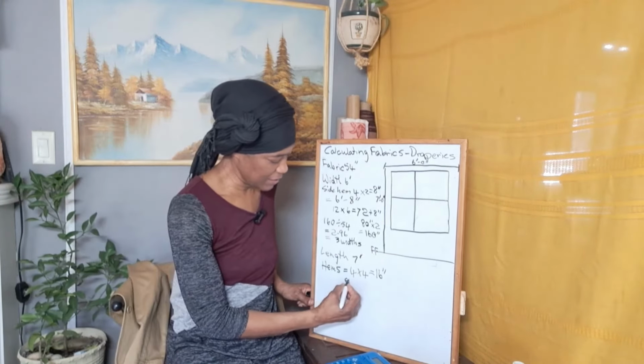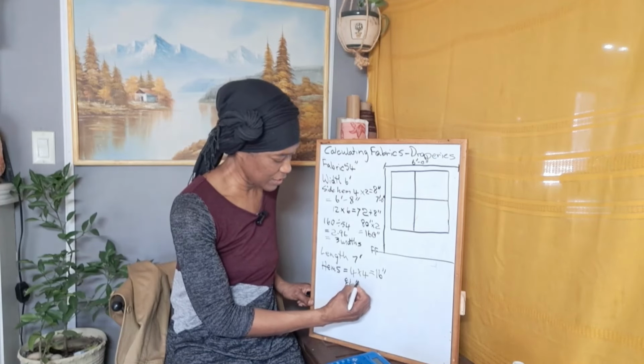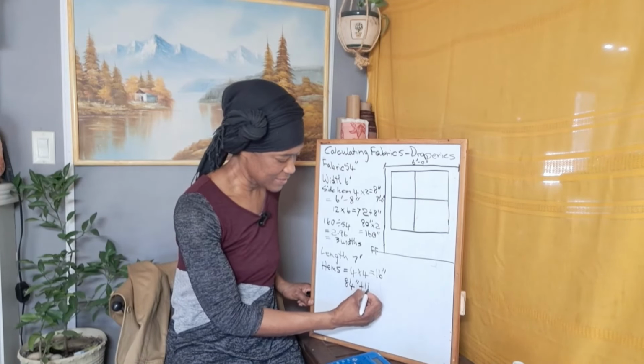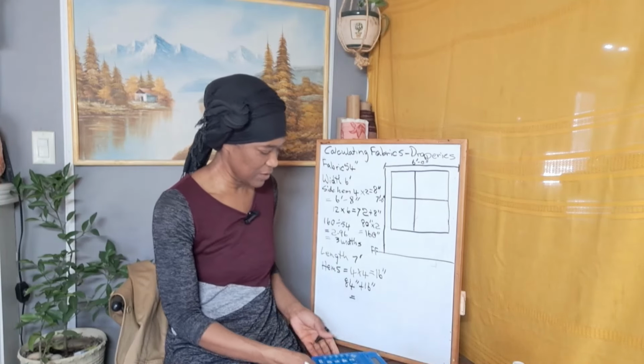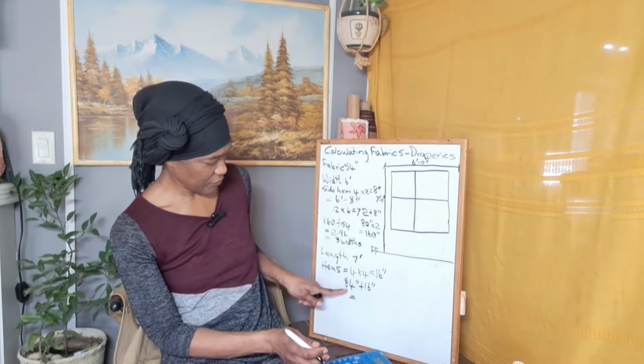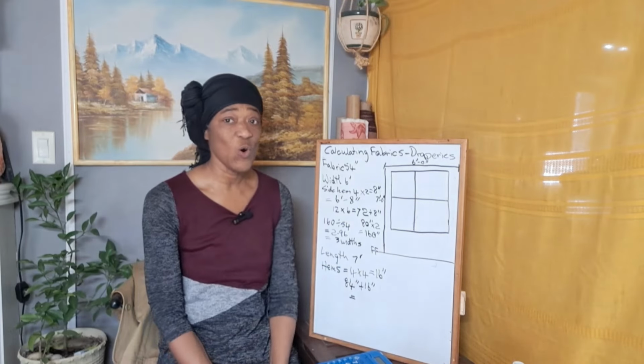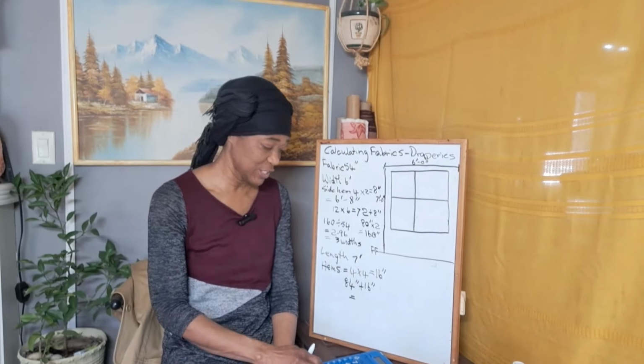So it's 84 inches plus 16 inches. And that's going to give us 6 and 4, 10, 8, 1, 9. That's 100 inches.